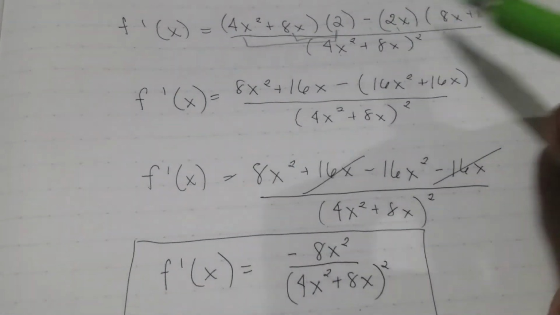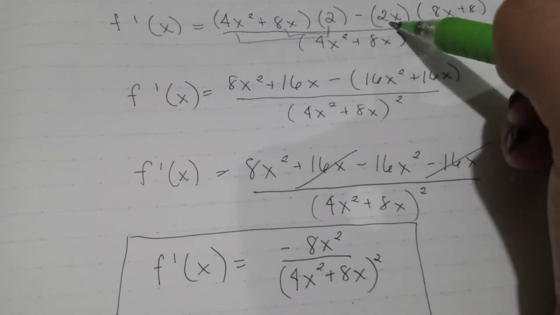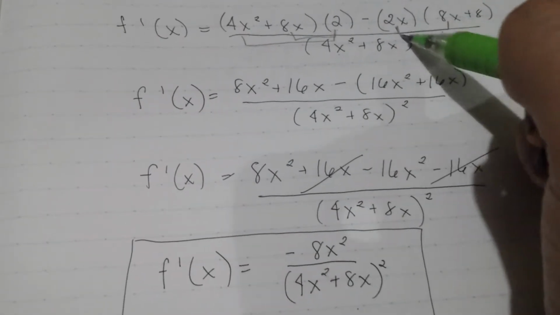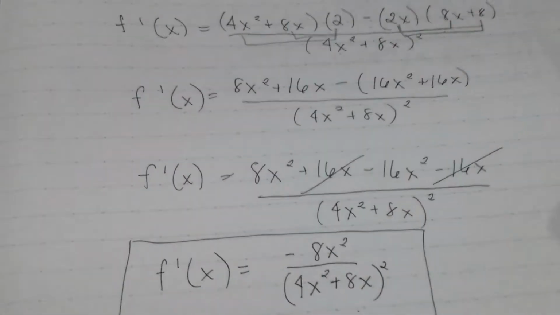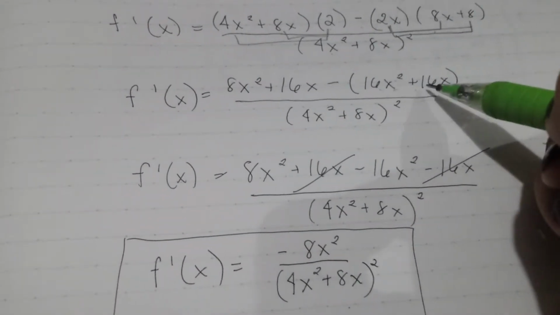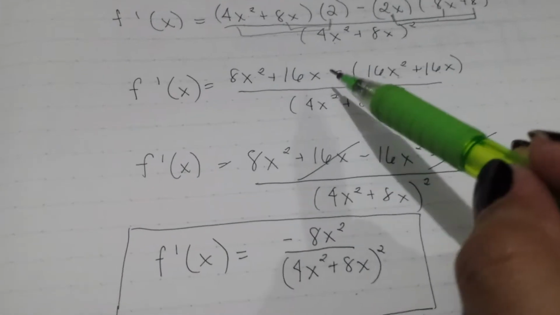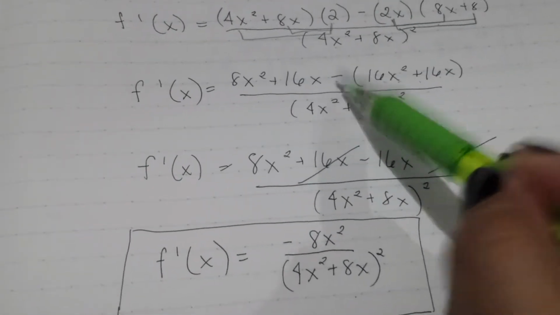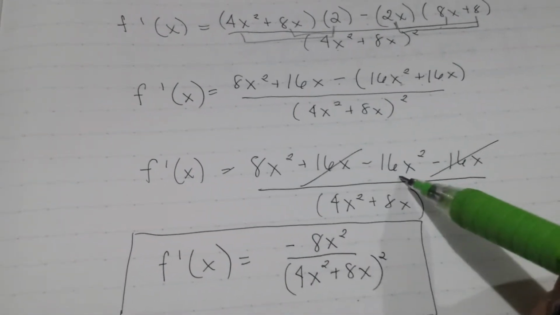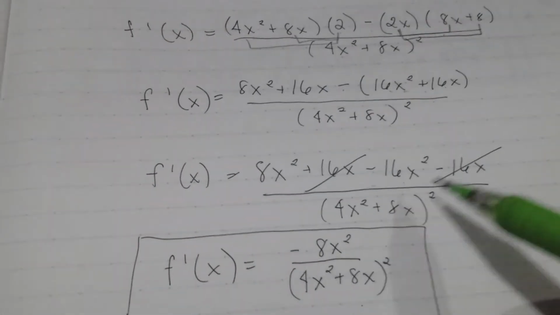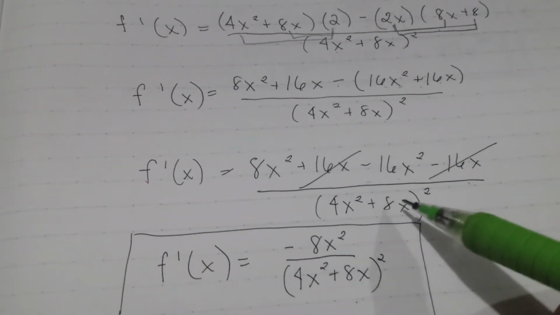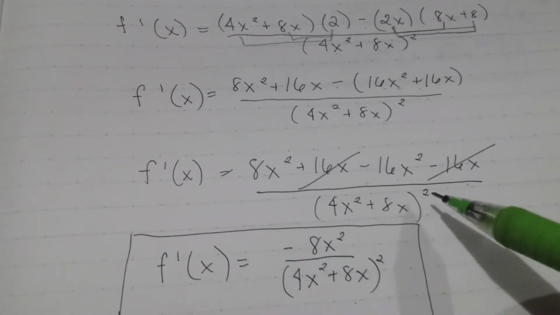So minus, we need to multiply 2x to 8x and 2x to 8. So we'll have 16x squared plus 16x. So in the next step, we just need to distribute the negative sign. So we have negative 16x squared minus 16x over (4x squared plus 8x) raised to 2.